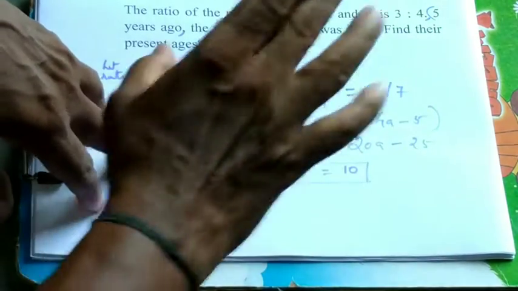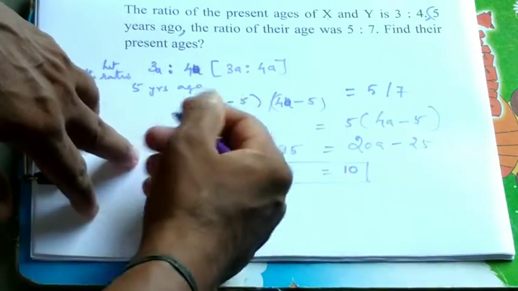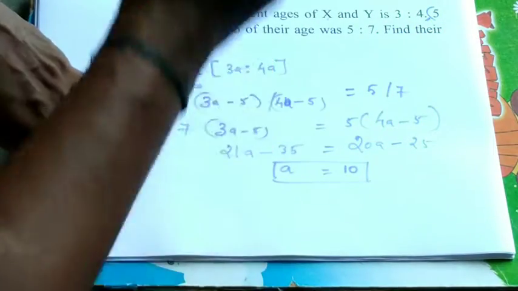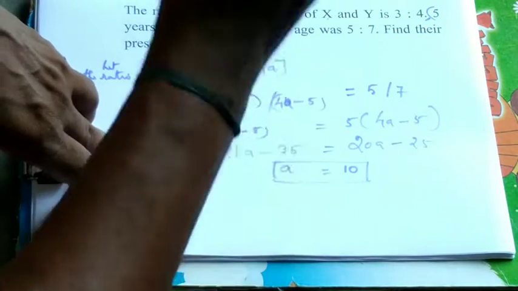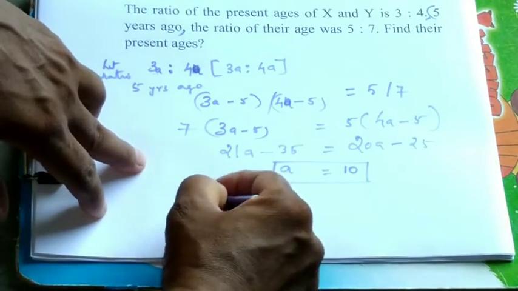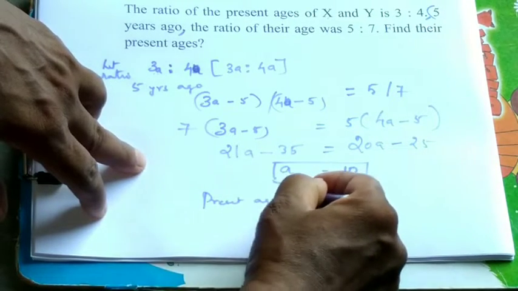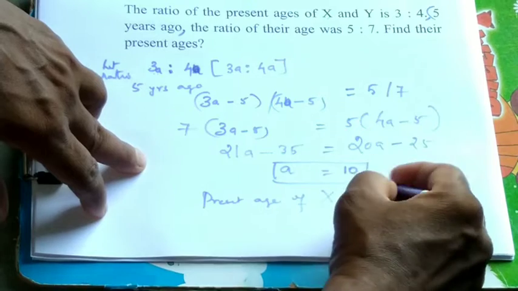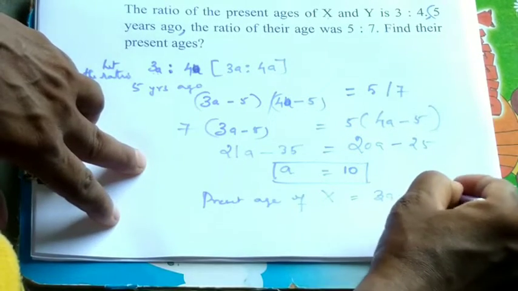Good. Now we got the value of a. From this we can find the ages. Initially we assumed 3a and 4a. Therefore, present age of x equals 3a. Therefore, 3 into 10.